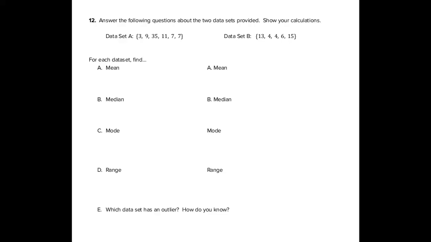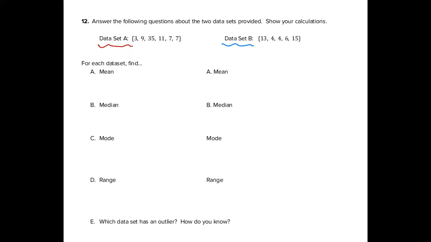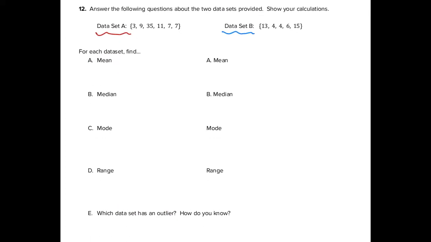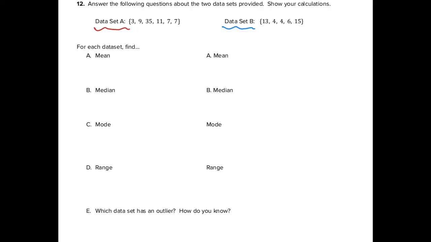Answer the following questions about the two data sets provided. So data set A and data set B. All right. So I am looking for a one-word synonym or correct definition for each of these terms. Many of them have a synonym. So instead of mean, what's another word I could say instead of mean? Does anybody know?